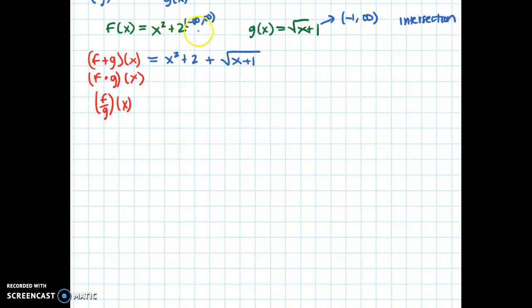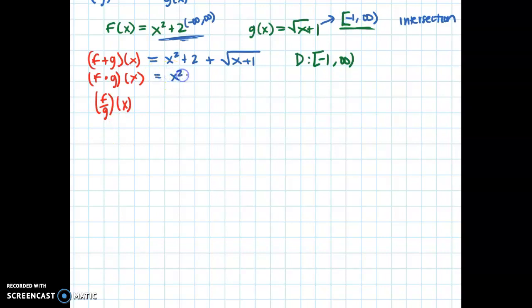Because even though I can use negative infinity to infinity here, I can't use it here. So the only portion that actually works for my brand new equation, f plus g of x, has to be where the two domains intersect, which is just from -1, and that should be a square bracket, -1 to infinity. And that holds true for all of these, except for the division one, which we'll get to in a second.